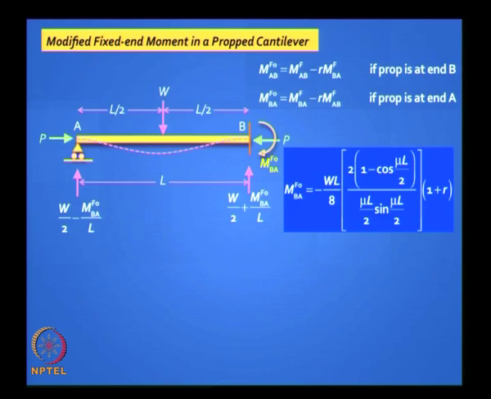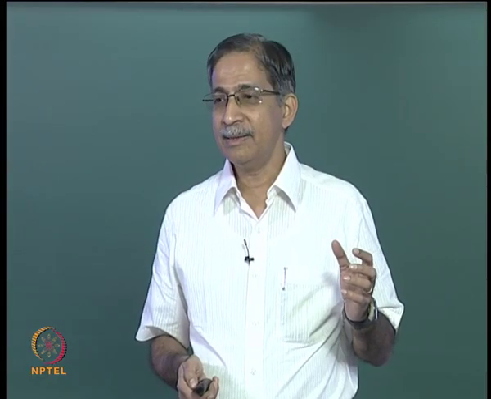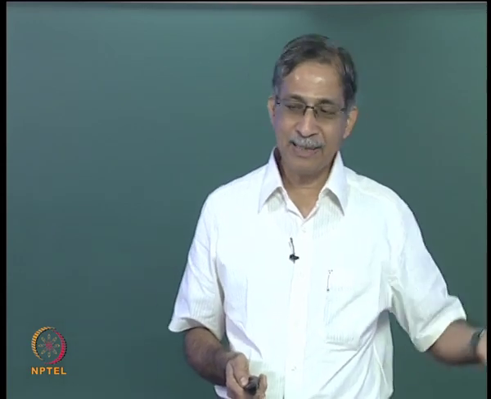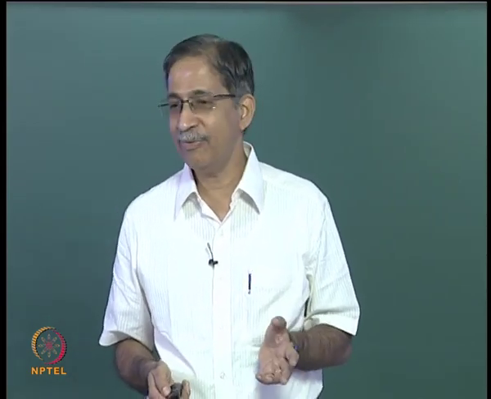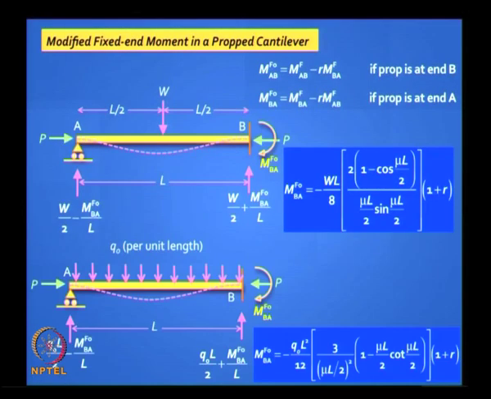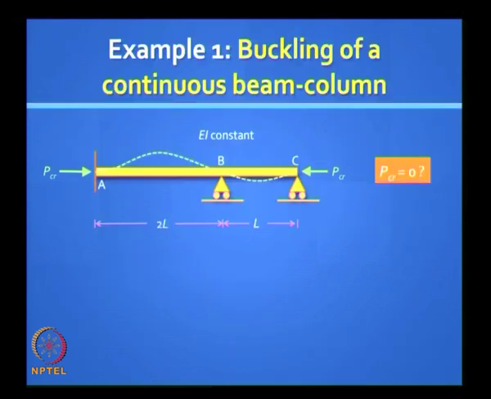If you have a propped cantilever, you have to do the correction as we did earlier. In the conventional procedure, we had to take half and pass it on to the other end, right. Here we do not take half, we take R, because R is the carryover factor. So you have to do something similar and you can work out those expressions, okay, in case you need to invoke these.